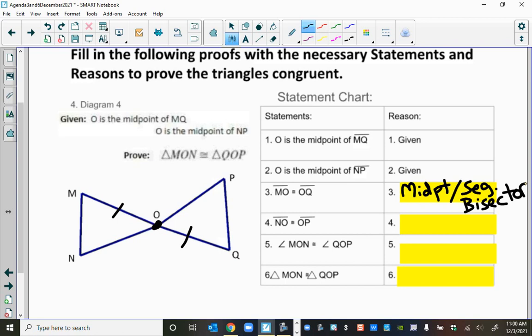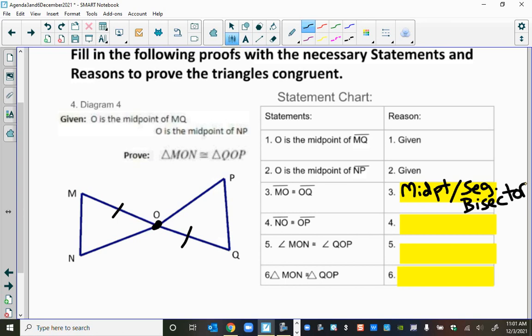And what about NO and OP? O is midpoint, so what can we say about these two? They're also going to be congruent. But don't always go by what it looks like. Go with what they tell you. Trust me, they're gonna do that all the time. You got a good point.